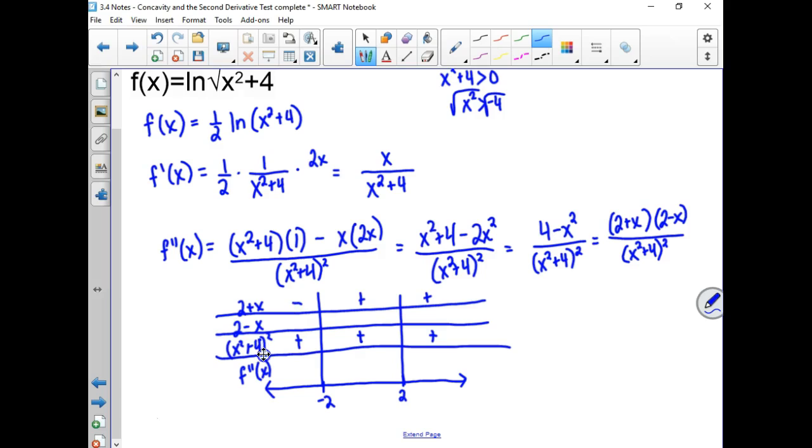If we plug in a negative 3 here, we'll actually get a positive. A 0 would be a positive, and then we'll get a negative here. So we end up with negative, positive, negative for our final line here that we're going to use.